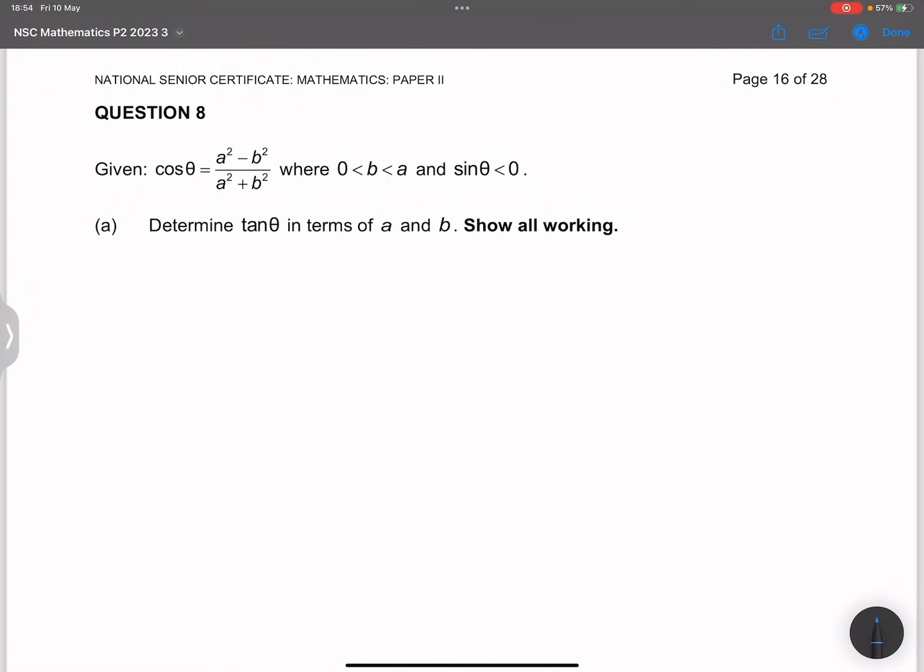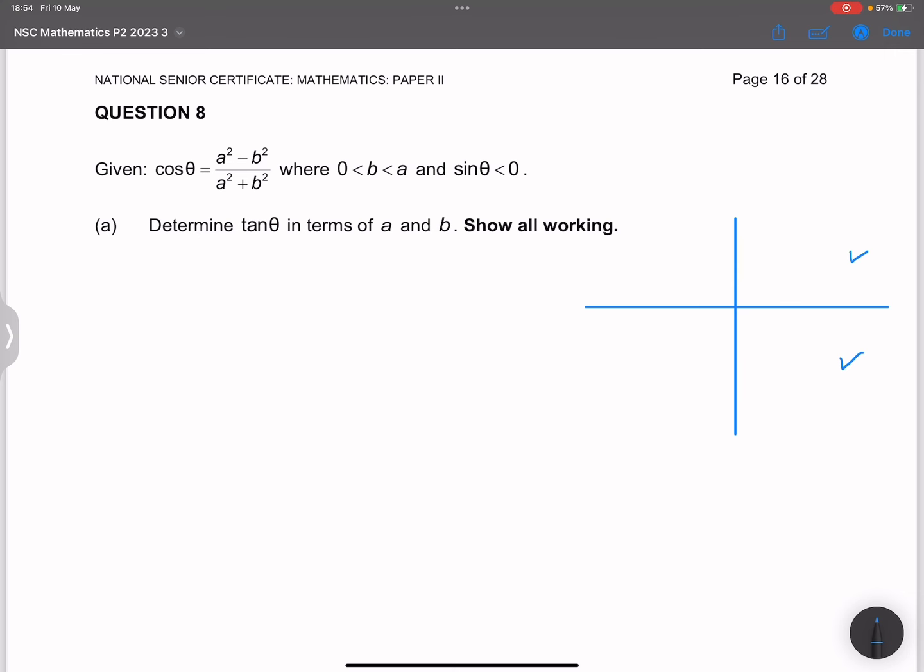So they said to us, we've got a squared minus b squared, okay? And we've got, okay, so let's say cos of theta. Now, cos of theta, I would assume that it would be positive in that case, right? So where is cos positive? It would be in the first quadrant, but it is also positive in the fourth quadrant, right?